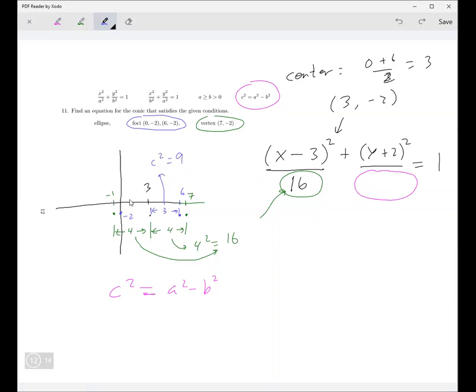So c squared is 9. And then a squared is 16. So b squared is 7. So we'll put a 7 in there, and that should do it. Any questions about that one?